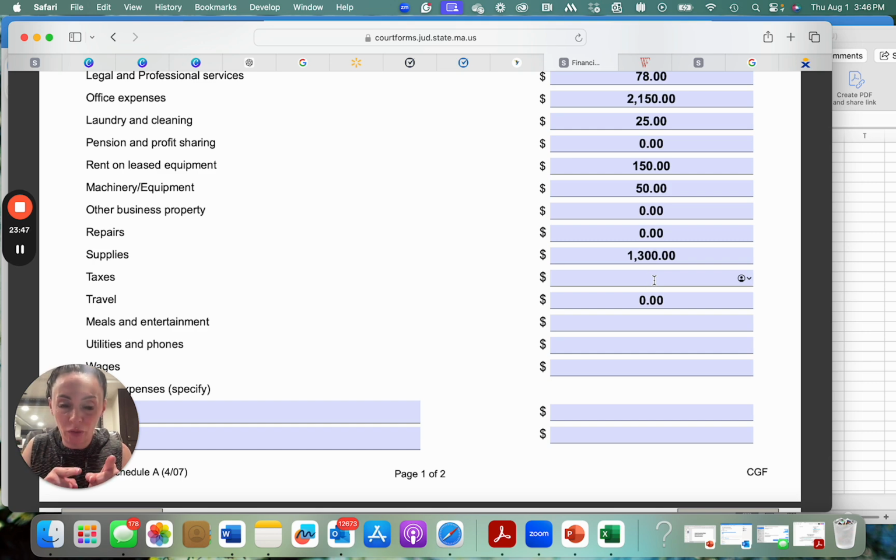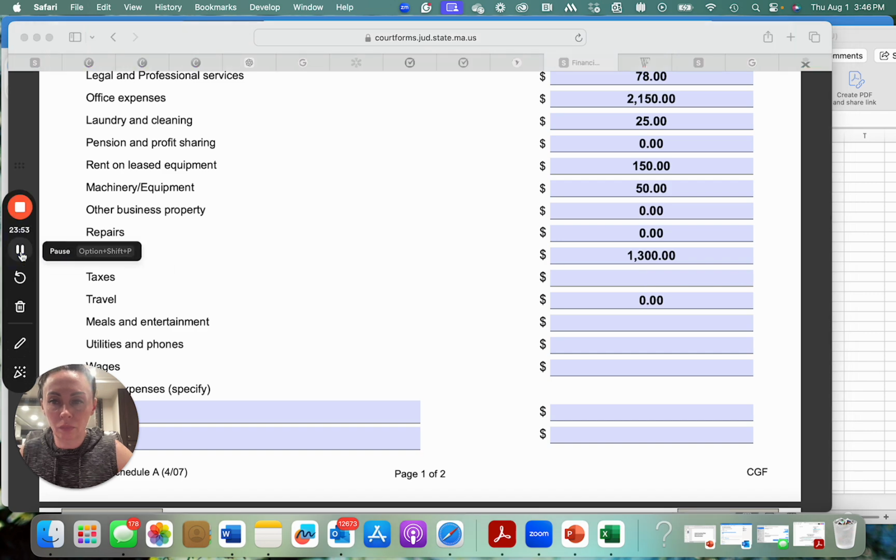But again, whatever you put down, make sure you leave the trail. So maybe we had a tax expense of $2,500 last year, federal and state. Putting that on an annualized basis, coming up with that monthly amount, we divide it by 12, and that would be $208 per month. All right.